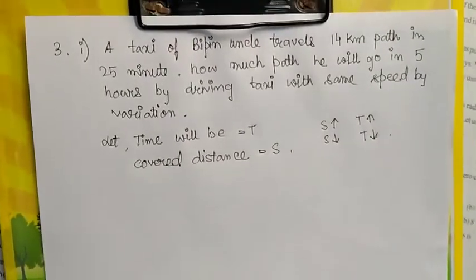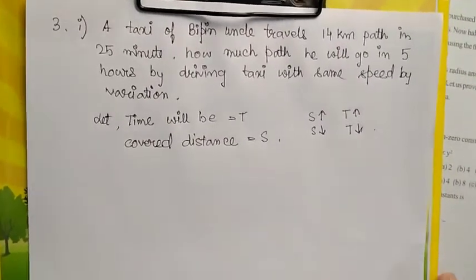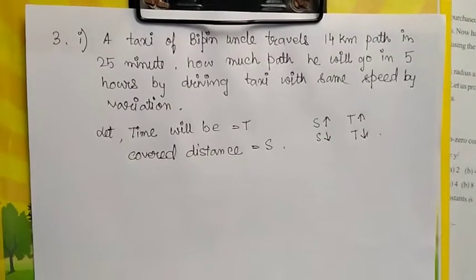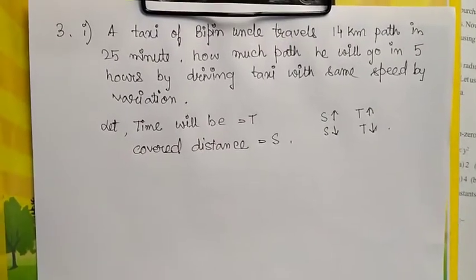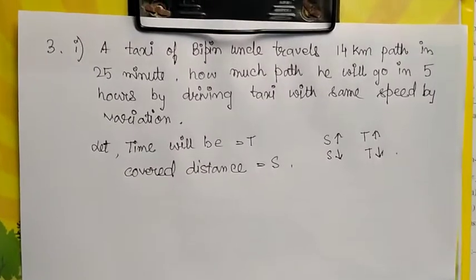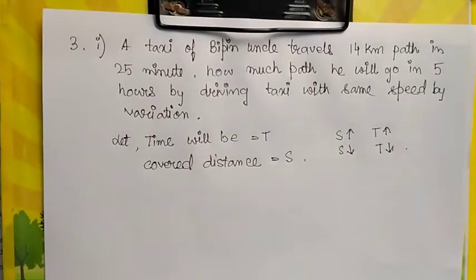So therefore this is a direct variation. First of all, in sum number 1 and 2, especially in sum number 1, I said that this is a sum of simple variation. Simple variation and direct variation both are same.